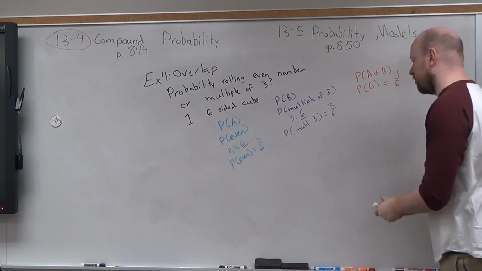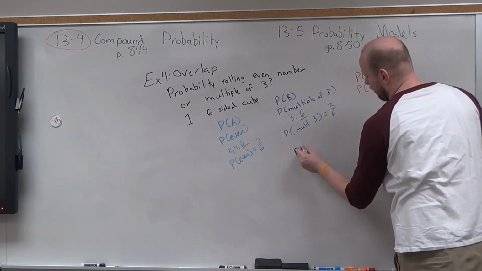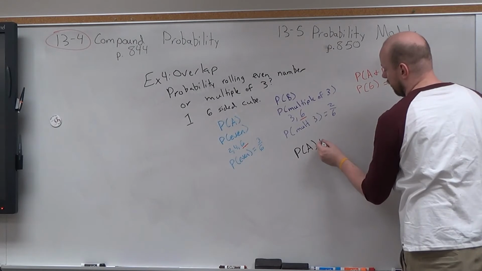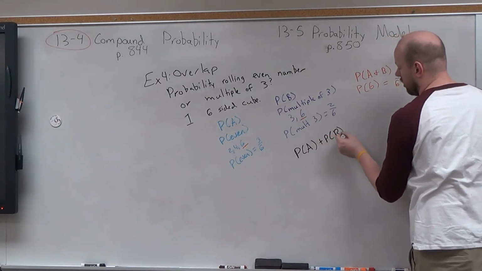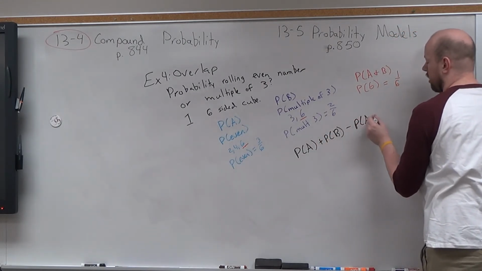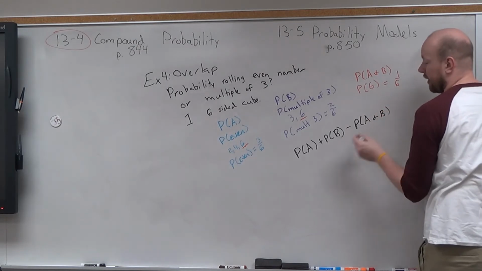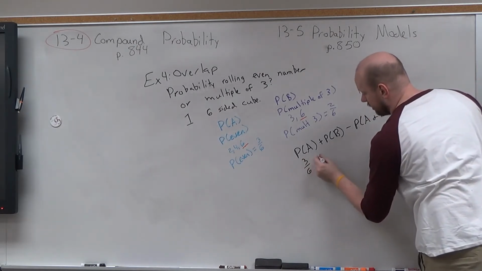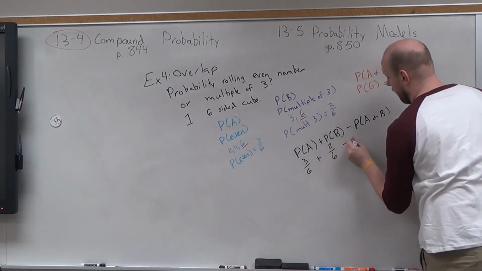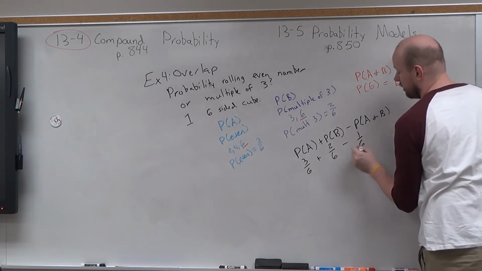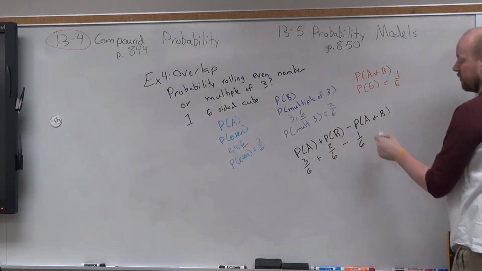So now I just need to do my formula. Probability of A plus the probability of B minus the probability of A and B. So I get 3 out of 6 plus 2 out of 6 minus 1 out of 6. 3 plus 2 is 5, minus 1 is 4.